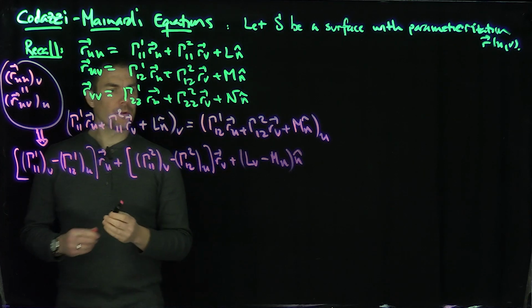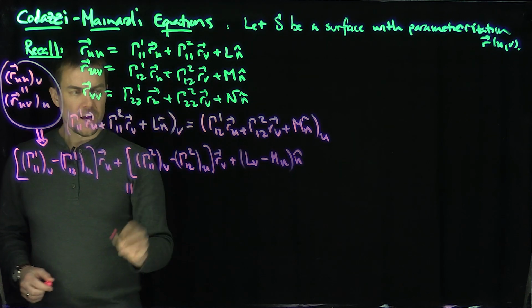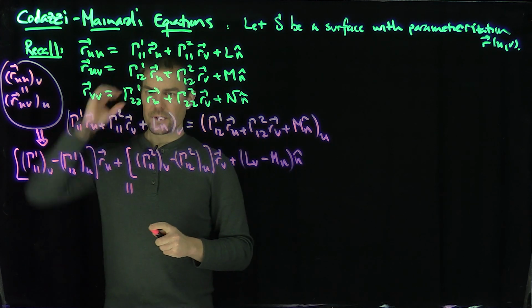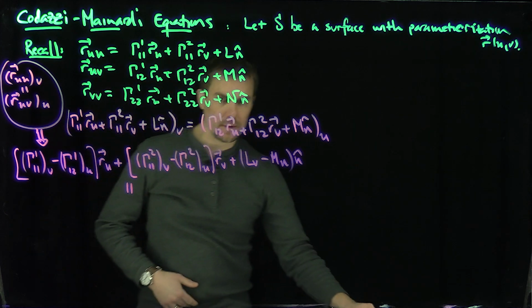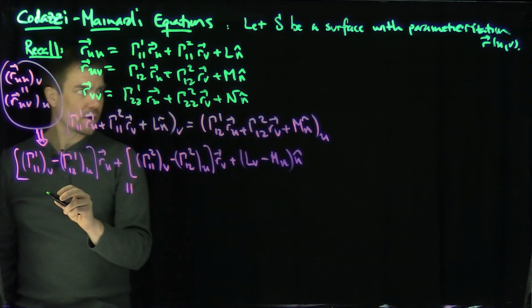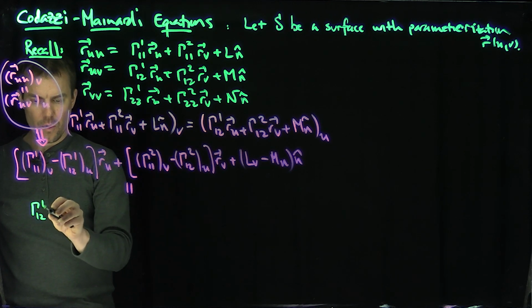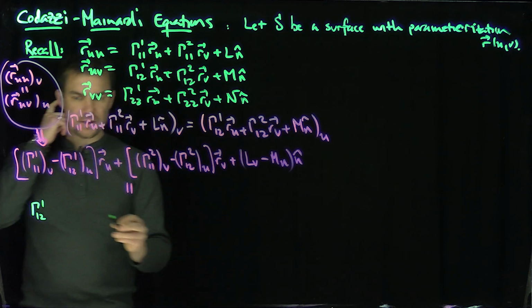So in other words, I put all the terms that don't have any second derivatives on the left-hand side of the equation, and this is going to be equal to what? Let's look at this carefully. We're going to have some R_UU terms, right? So we have a gamma 1,2,1, and that's going to be an R_UU term.